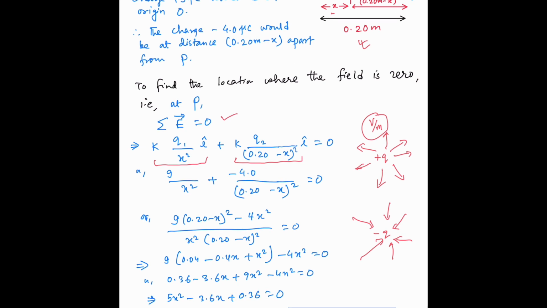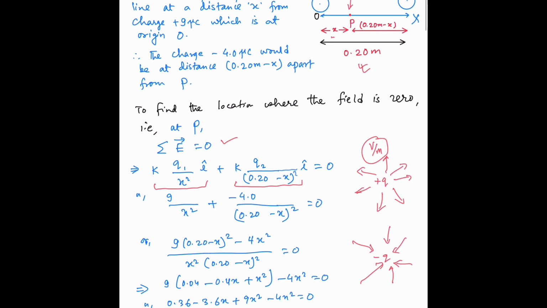The distance of the 9 microcoulomb charge from point P is x, which is clearly shown in the figure, and the distance from point P to the other charge Q2 is 0.20 minus x.